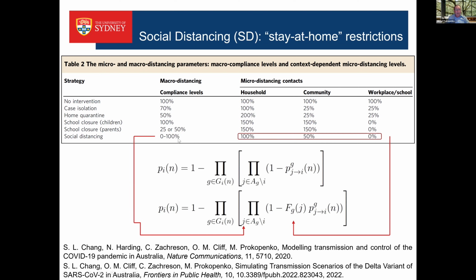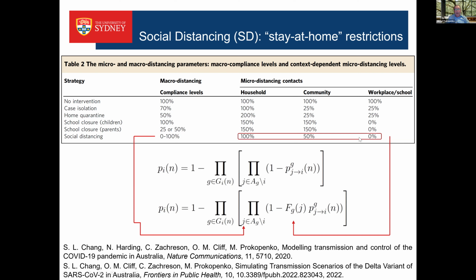This fraction of people who stay at home define which agents, J, no longer infect others. And if they do, they infect them with essentially smaller probability.